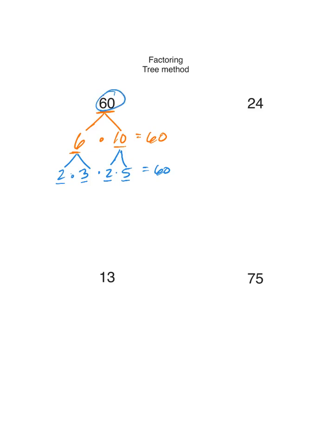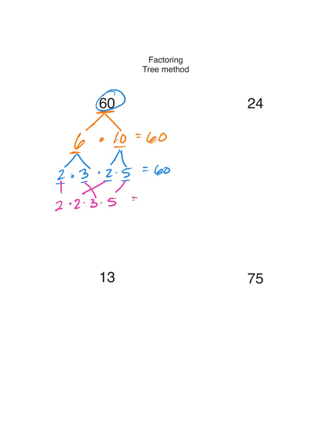So I'm done. Now I have to list these in numeric order, from smallest to greatest. I have a 2 times 2 times the 3 times the 5.